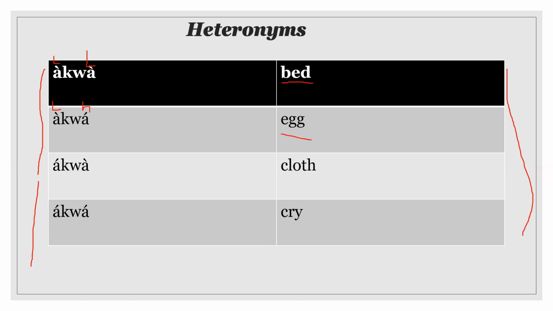Okay, and the third one we have cloth, and it's aqua. Okay, high, H is for high, and L is for low. High, low, aqua.